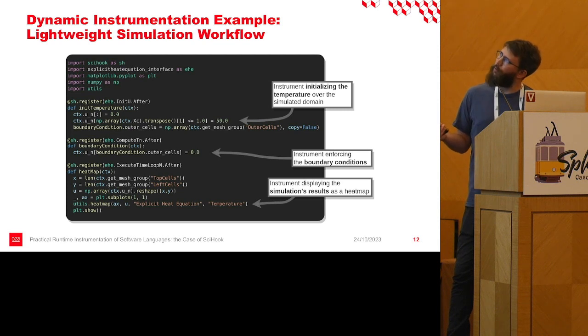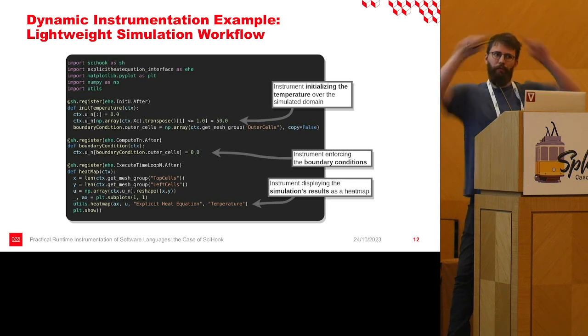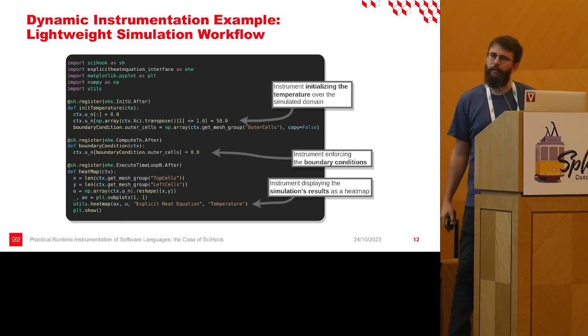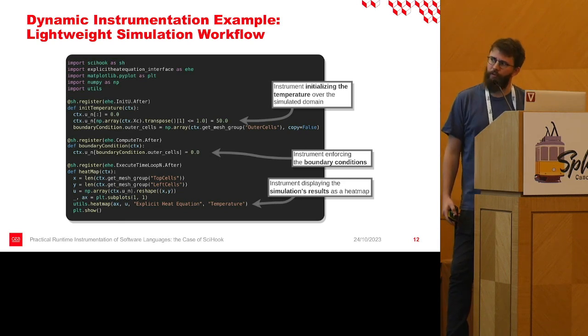So here we are using SciHook to implement a lightweight simulation workflow where we have a first instrument that will initialize the temperature over the domain. Then we have a second instrument that at each iteration will constrain the temperature over the boundary of the domain to be 0. And then at the end of the simulation, we will display a heat map of the result of the simulation.